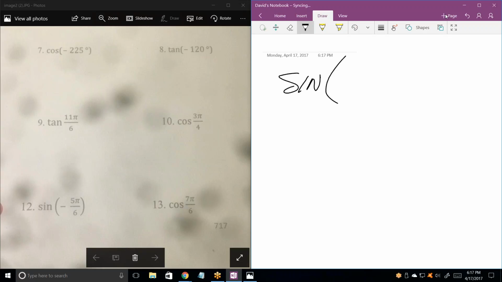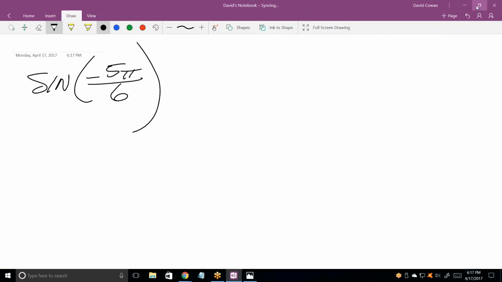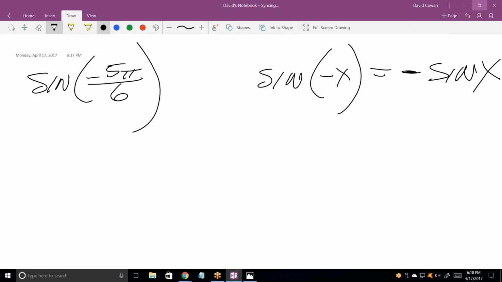Sine of minus 5 pi over 6. There are two ways to do this problem. Since you're so good at the other way, you don't really need my help on it. But there is a property of trig functions that's worth knowing: the sine of a negative angle is equal to minus the sine of the positive angle.